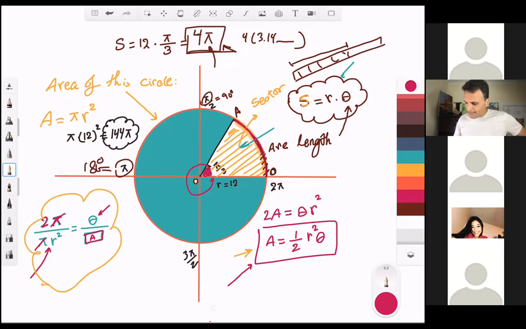This theta again must be in your favorite measurement, which is radians. So area will be 1/2 times 12 squared multiplied by pi over 3. If you do this, you will get the area.